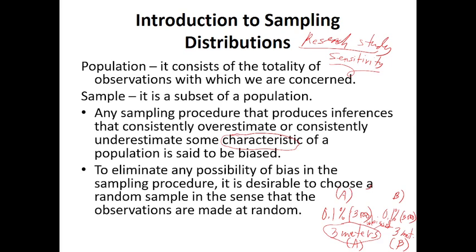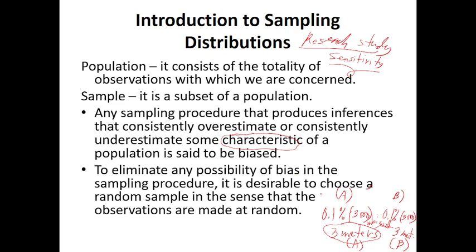Hindi pwede na yun lang gusto ko doon sa 3,000, kasi puro bago na lang ang pipiliin ko. So, dapat pati yung luma, i-consider natin, to eliminate bias in the sampling procedure. So, yun ay random sampling.